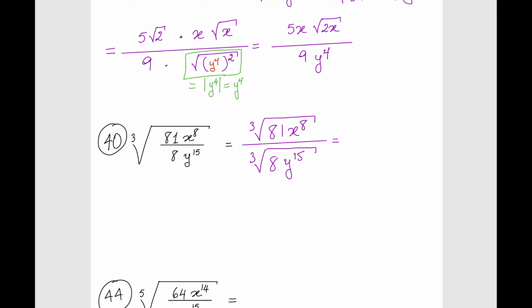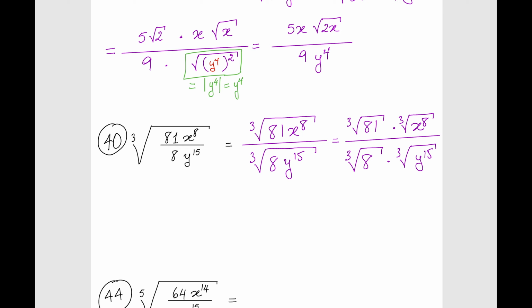Okay. And let's use the product rule for radicals. I get the third root of 81 times the third root of x to the 8 divided by the third root of 8 times the third root of y to the 15. Okay. Let's find each one of them.